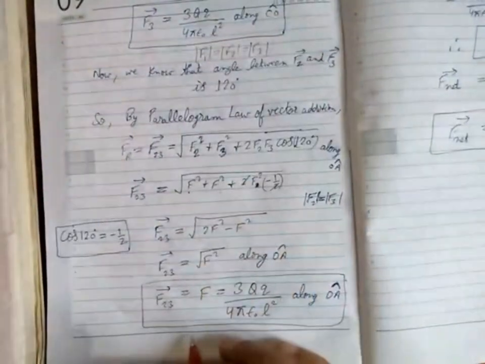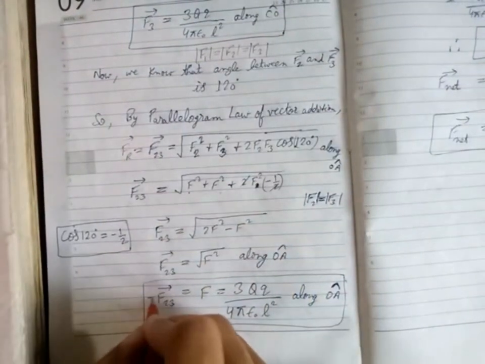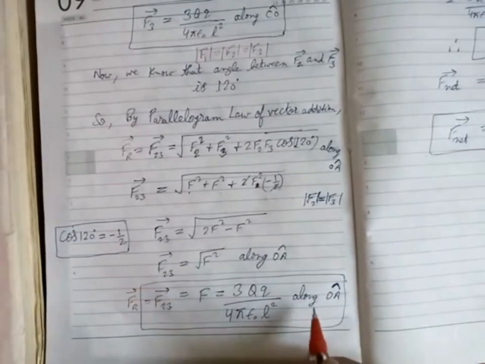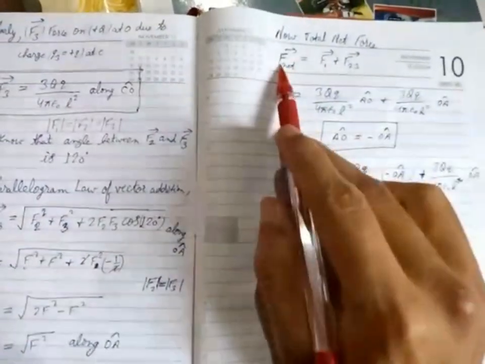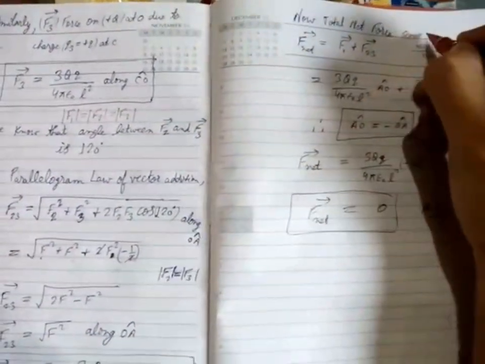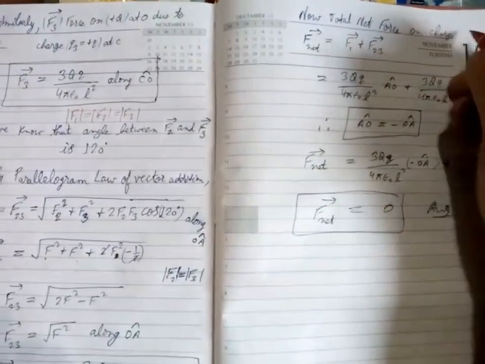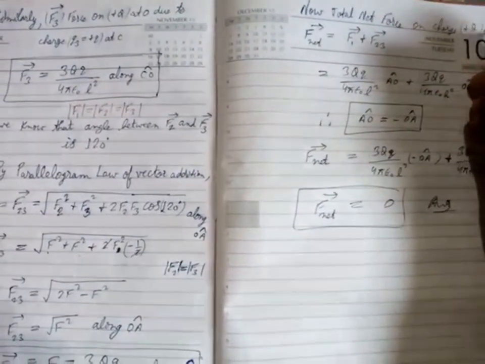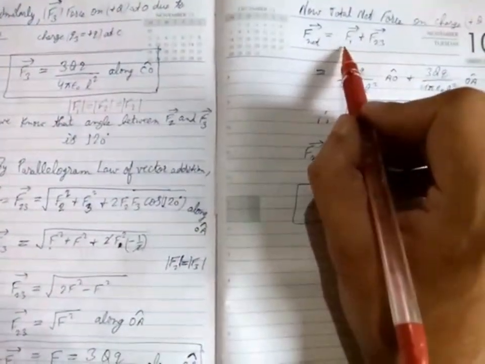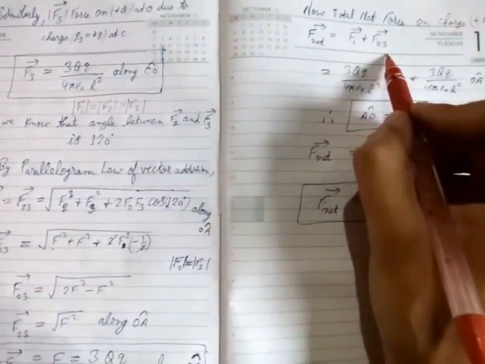So we have got this vector F23, that is the FR resultant vector, along the OA direction. Now the net force, that is the total net force on charge plus capital Q at O, will be F net, which equals F1 plus F23.